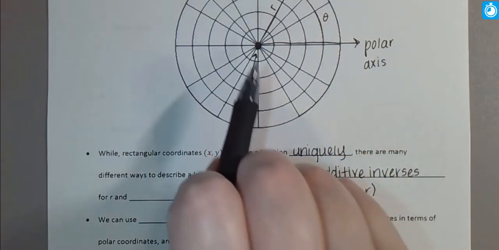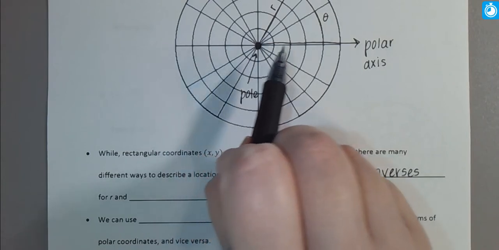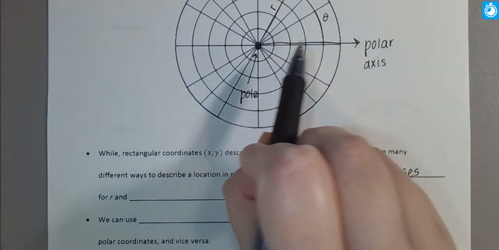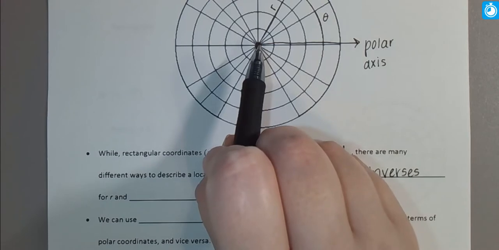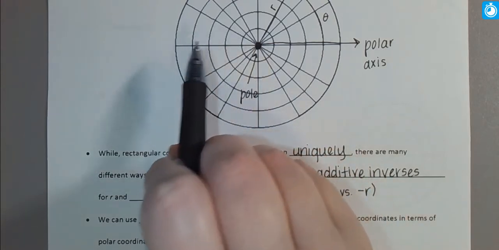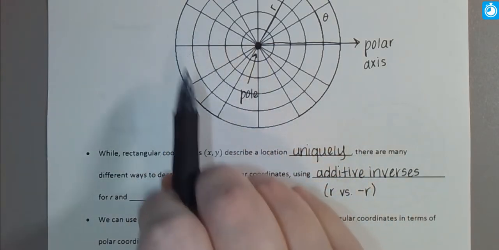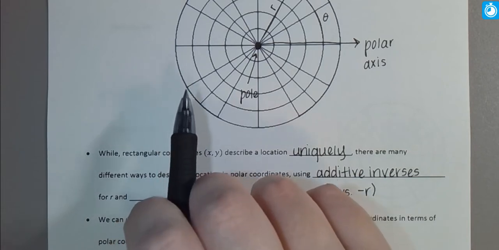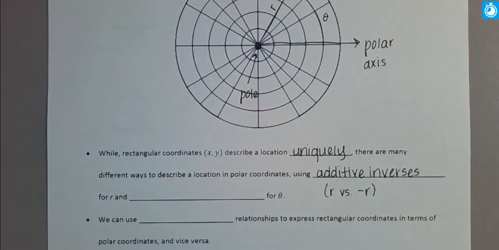Well, if we say we have a particular value of r, that tells us along the polar axis, travel out to that particular ring. Negative r means we travel out to that ring in the negative direction, which would then match with a different amount of rotation in order to get to our particular point. So if we have a particular value of r, the negative version of that value could also be used to map to a particular location in the polar plane.